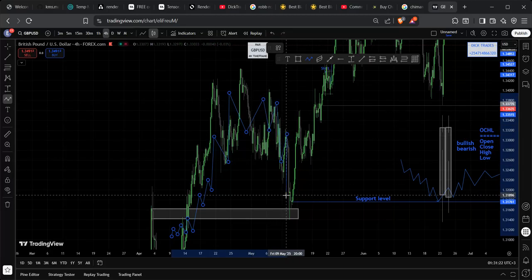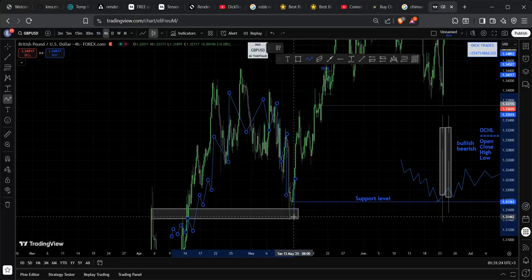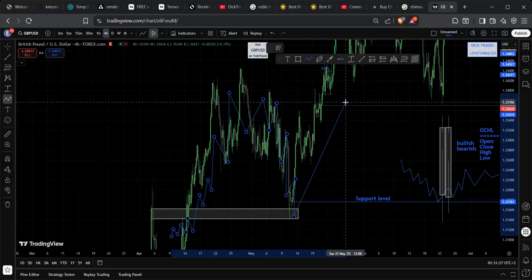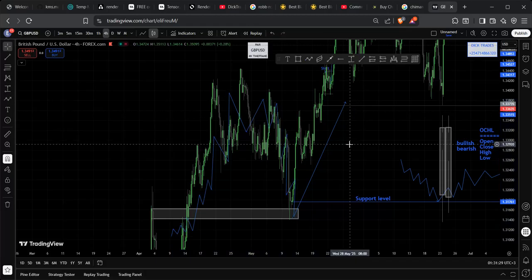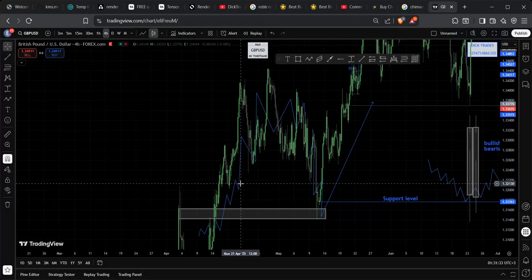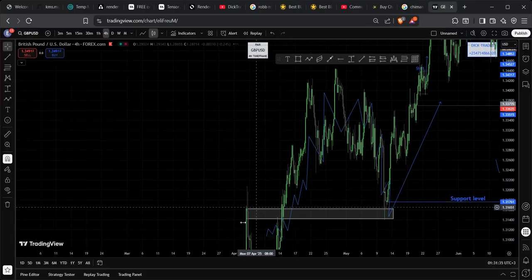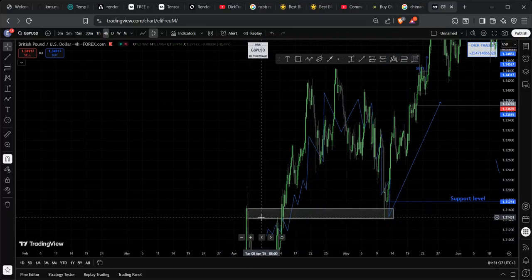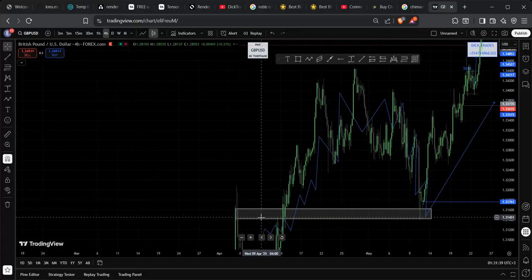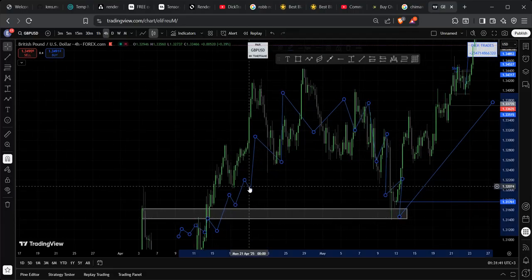Now this is the second trader, the second type of trader. So here is where we had our first type of trader. So who is the first type of trader?